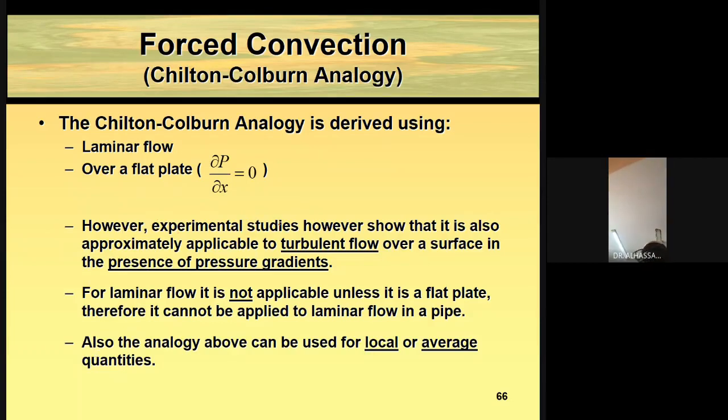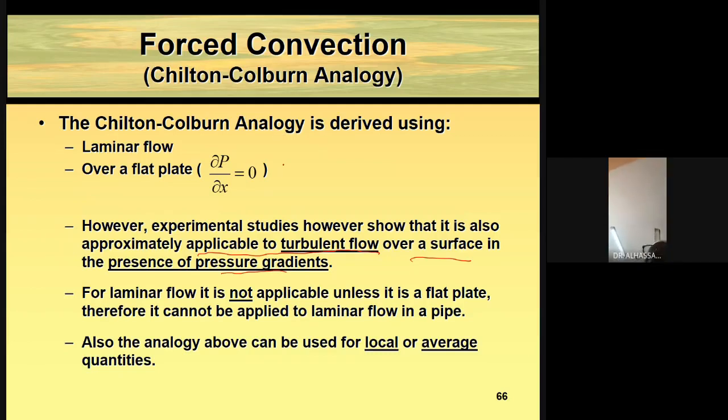We are told that experimental studies have shown that it is also approximately applicable to turbulent flow over a surface in the presence of a pressure gradient. You understand?